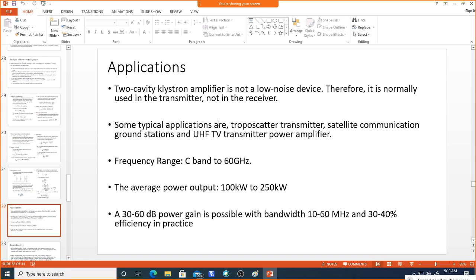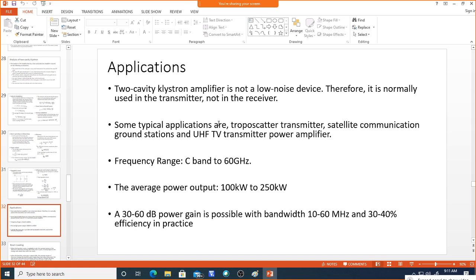Since the two cavity klystrons are a little bit noisy, we cannot use these amplifiers in the receiver, so instead we use them in the transmitter. Some typical applications are as a troposcatter transmitter in satellite communication and ground stations, and also as a UHF TV transmitter power amplifier.